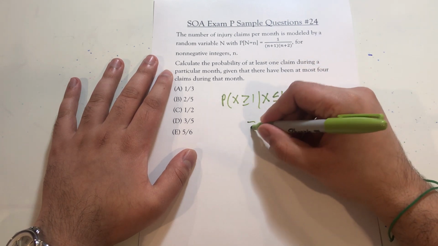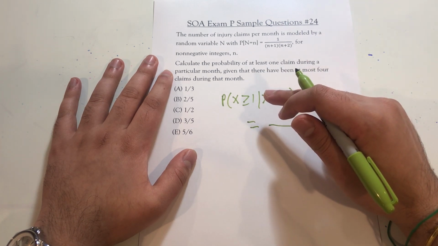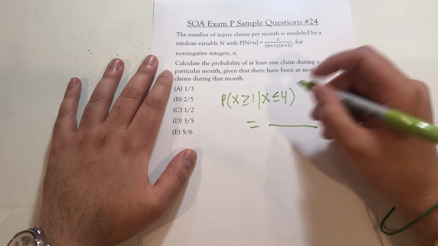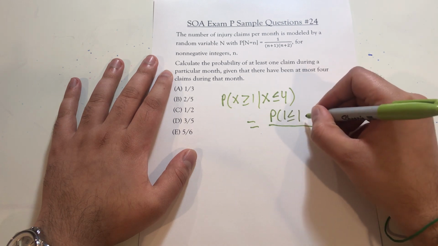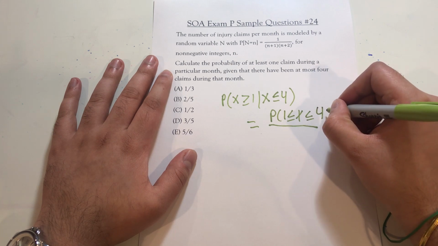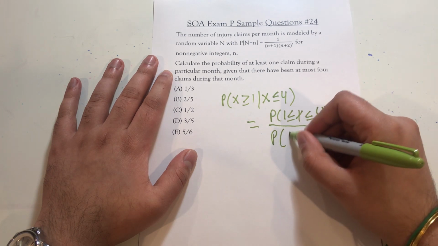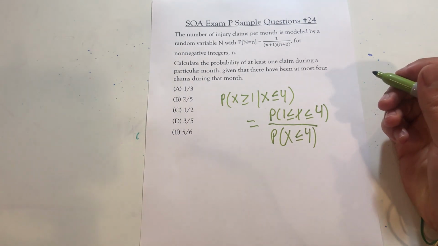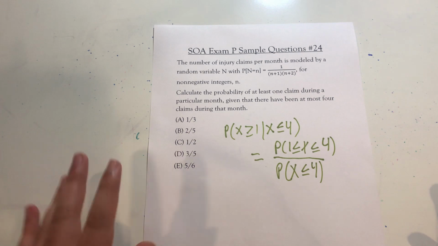So this should be equal to, in the numerator, the probability that your number of claims is greater than or equal to 1 and less than or equal to 4, divided by the probability that the number of claims is less than or equal to 4. Now, let's write this out a bit more explicitly because we're given a discrete distribution.